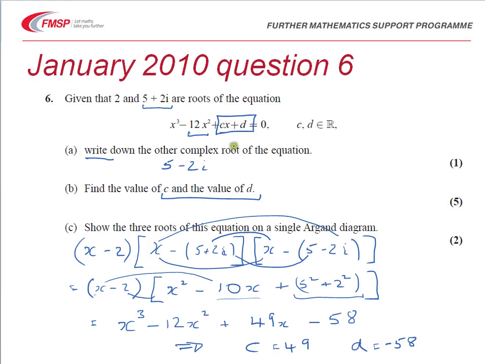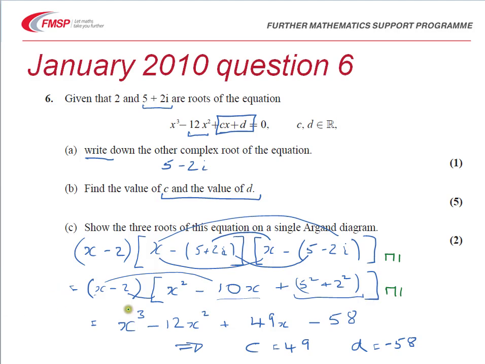The marking for this, it's actually a lot of method marks here. You get a method mark for the multiplication of the complex factors, so just writing it down here gives you a method mark. Then managing to achieve a quadratic from that of any form as long as i has disappeared is a second method mark.